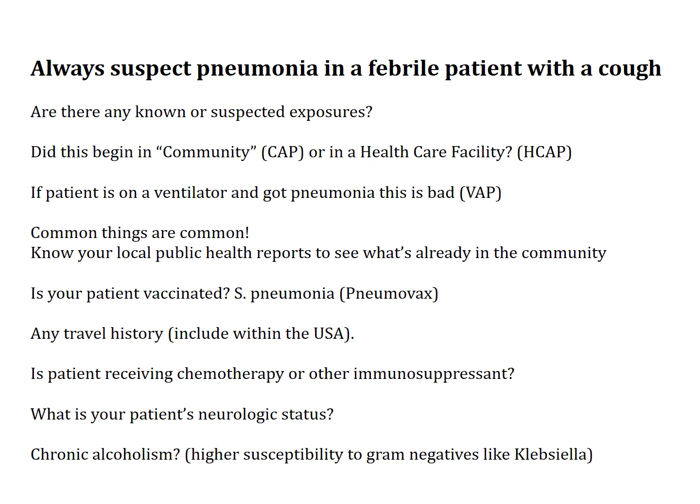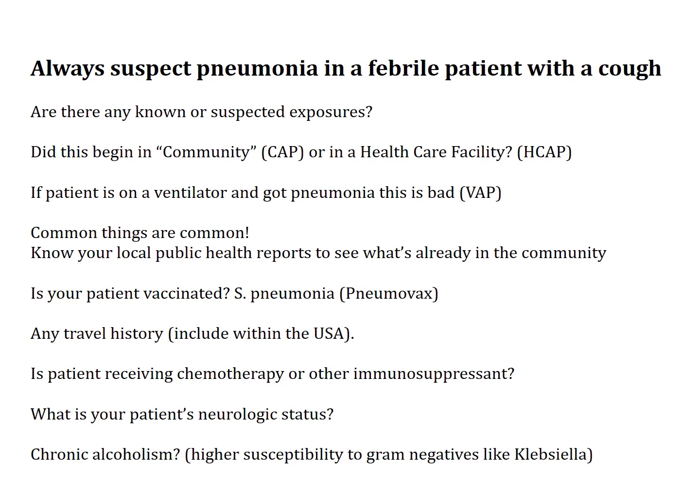Did they travel outside the United States? Are they immune suppressed or receiving chemotherapy? Neurologic status, underlying pulmonary history. Have they already been infected and colonized previously with an organism? And then alcoholics.